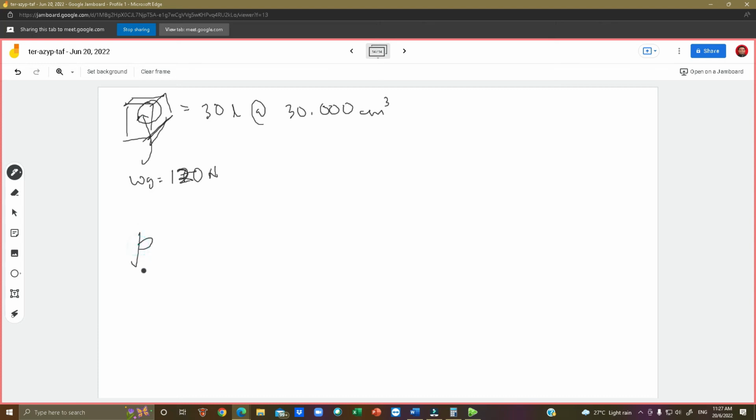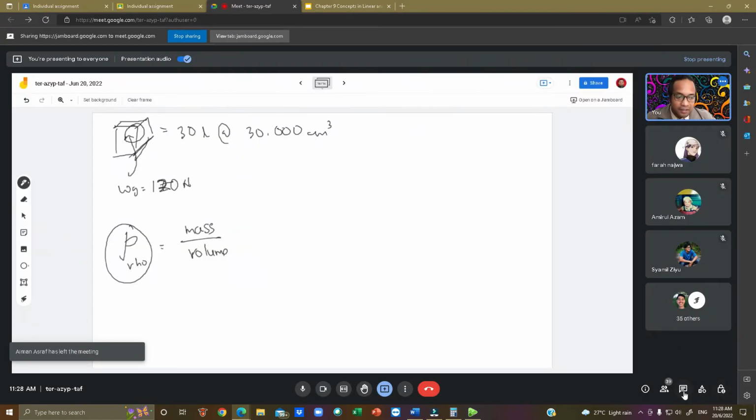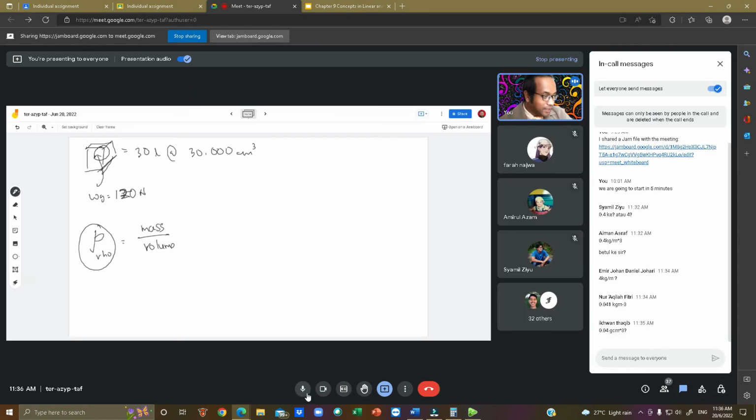Berapa dia punya rho? Equals mass bahagi dengan volume. So I'm going to give you 5 minutes and please find out the answer and post the answer in the chat.